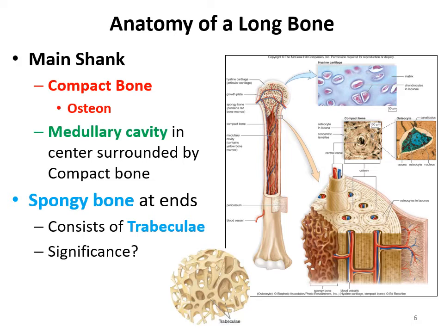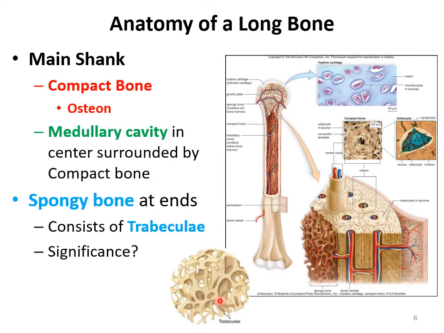So instead of being made up of those osteons, those concentric circles of compact bone, instead, the spongy bone looks kind of like you would find in coral reefs or sponges. It has a lighter, softer texture to it, and it's made of what's called trabeculae.